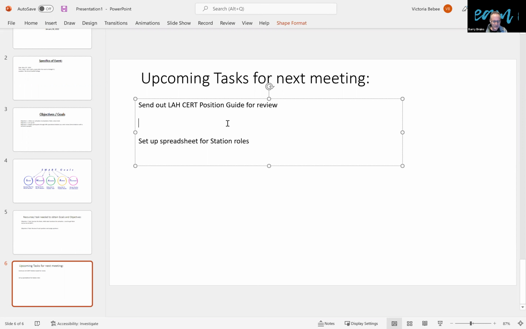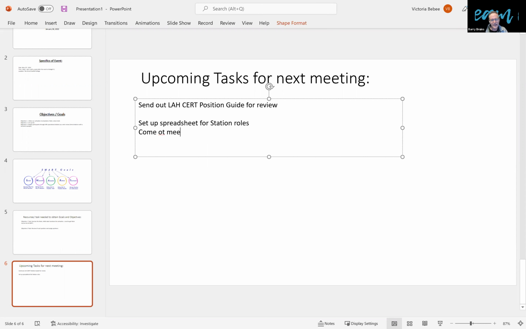So it goes back to your original idea, I think, with getting volunteers. Those volunteers come to the meeting with ideas on how they want to describe the role at the event, which is hopefully not just reading the position document, and there are other ideas thrown out by others to make it interesting.